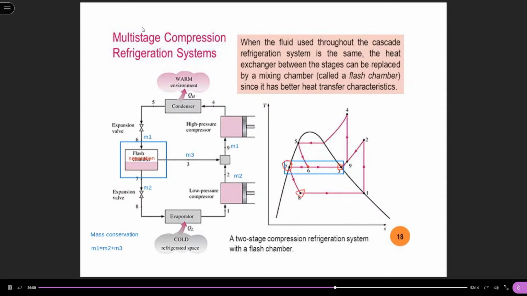Then let's have a look at the other mixing process. This is a mixing process.